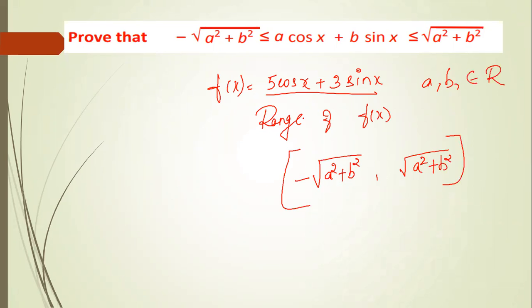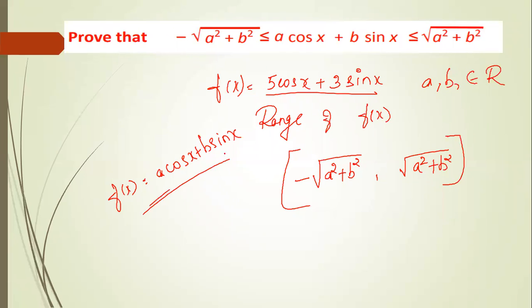You have to find the minimum value and the maximum value. The minimum value is minus square root of a square plus b square, and the maximum value is square root of a square plus b square, where a and b are constants.